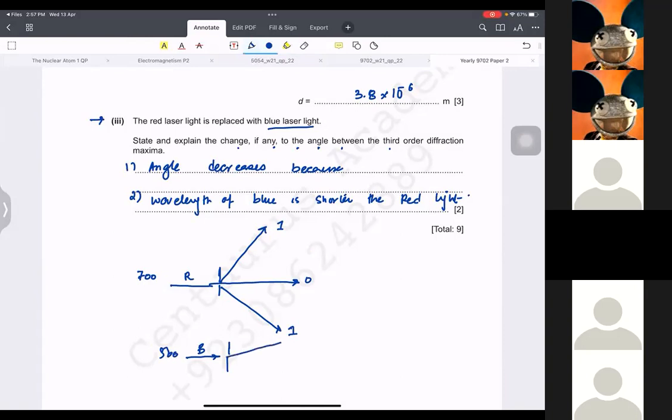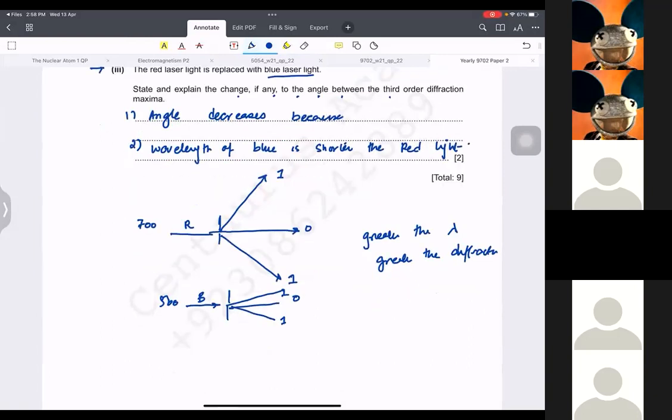So it would spread less, because the greater the wavelength, the greater the diffraction. Is it clear? Yes sir, that's okay.